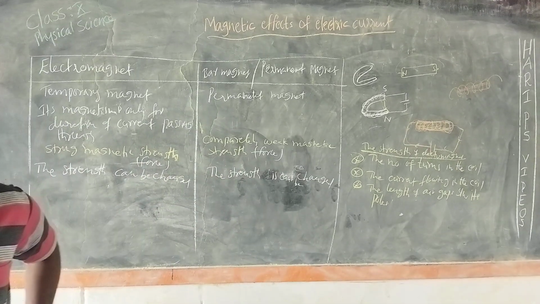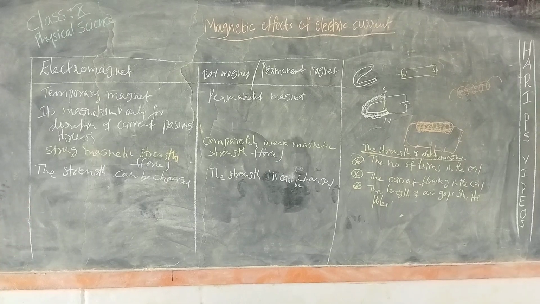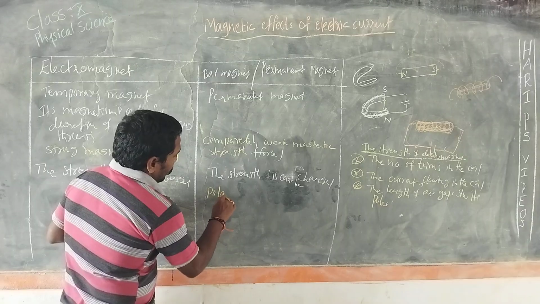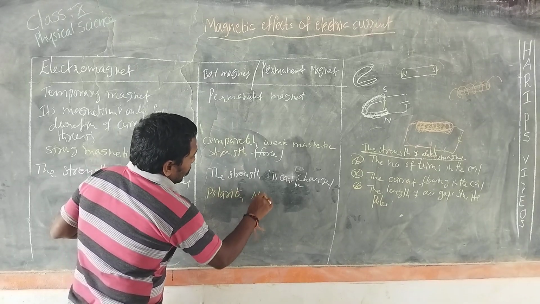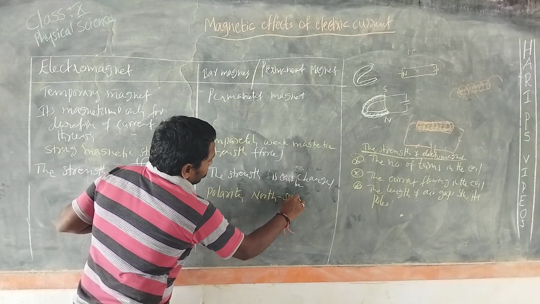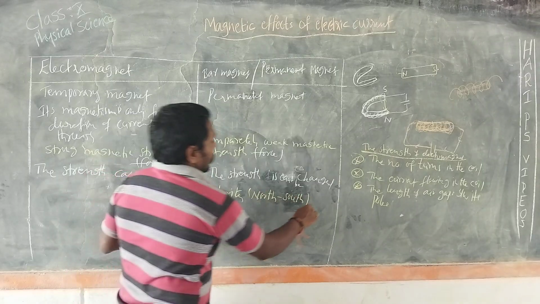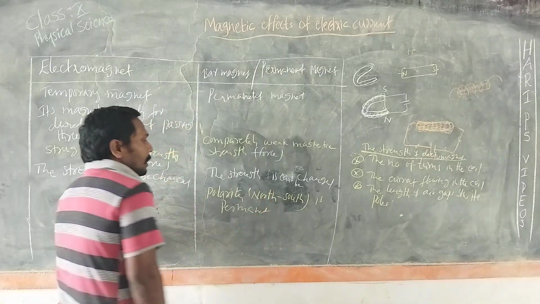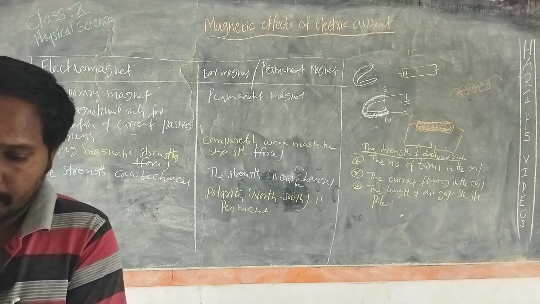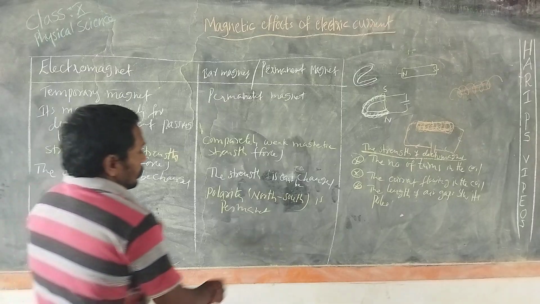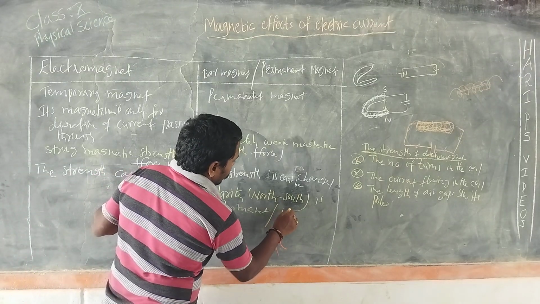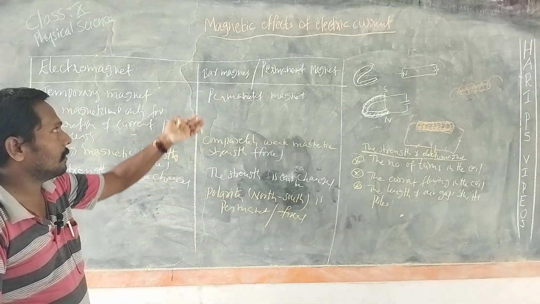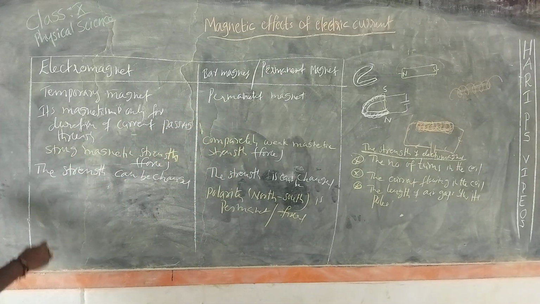The north-south pole polarity of a permanent magnet is fixed. Polarity means north-south. North-south is permanent. Polarity is permanent, which means fixed. We cannot change the polarity in case of a bar magnet or permanent magnet.